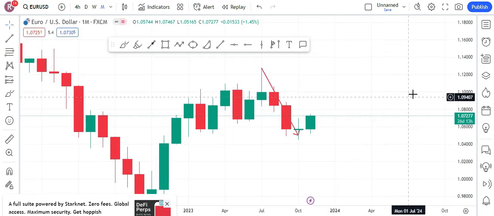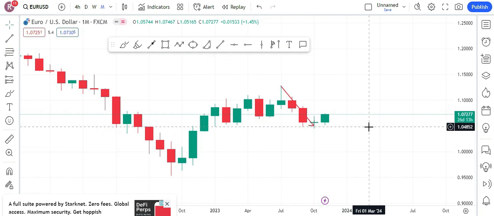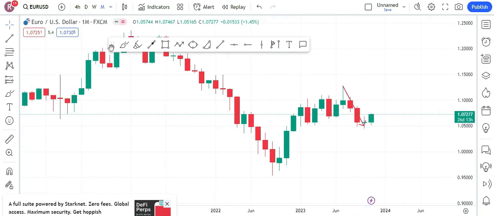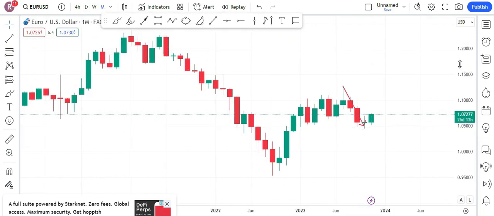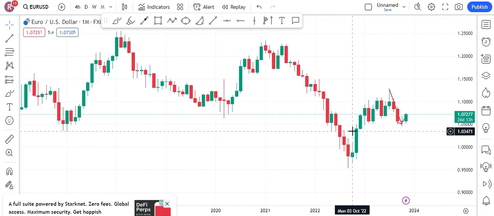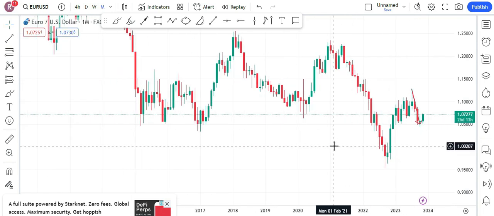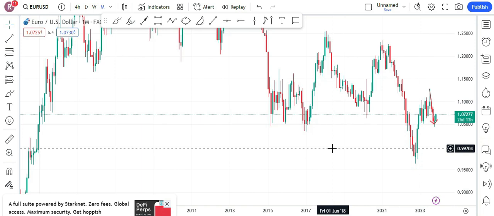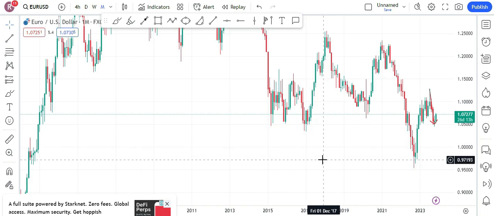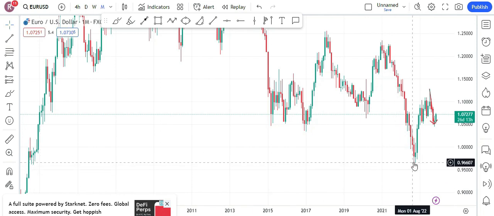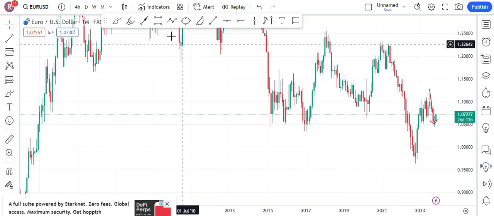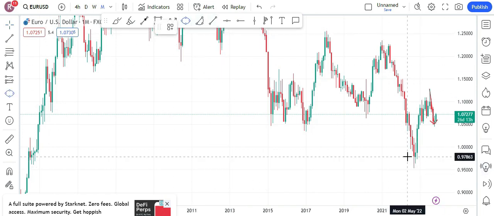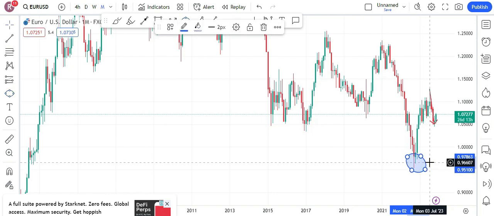First of all, we have not done any monthly assessment, so I am currently in the monthly time frame. Let's see what happened in the month. An informed trader has higher edges than an ignorant or uninformed trader. We can see that it has formed a double bottom in the month, and this double bottom has created the current high here.